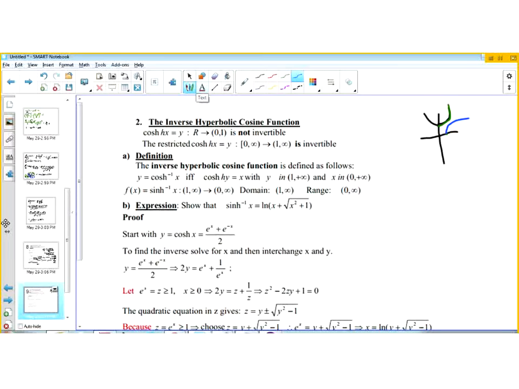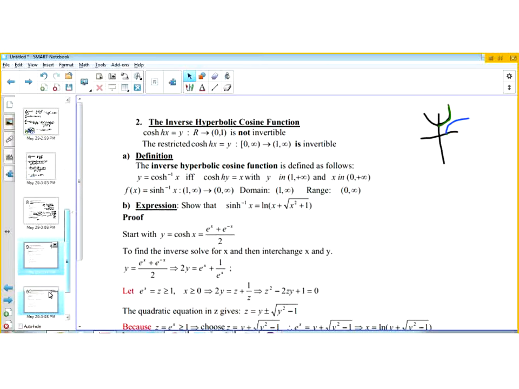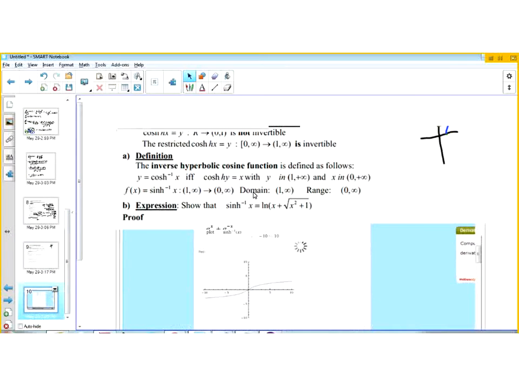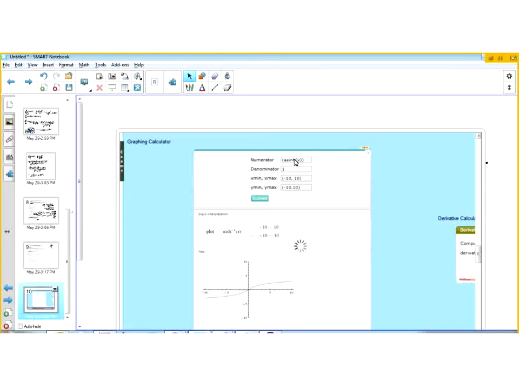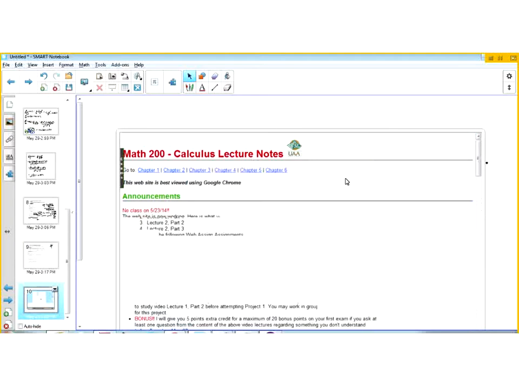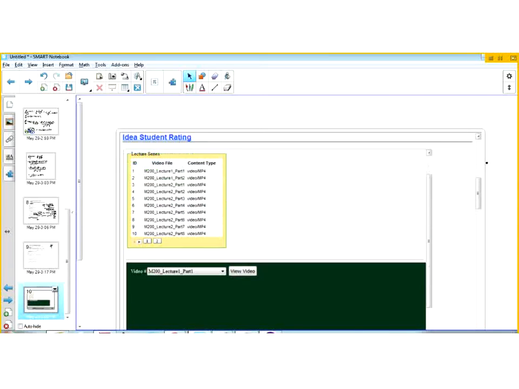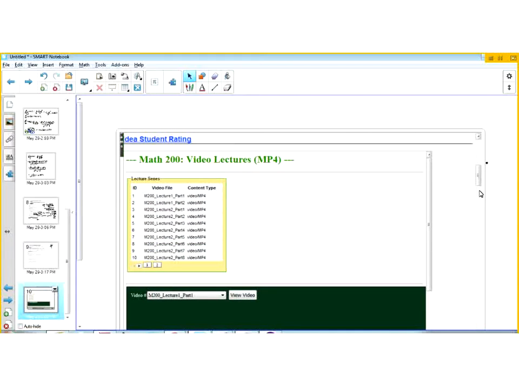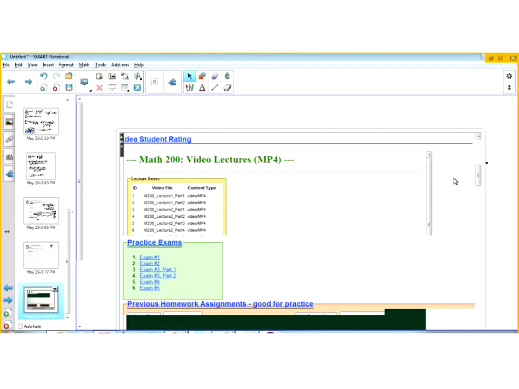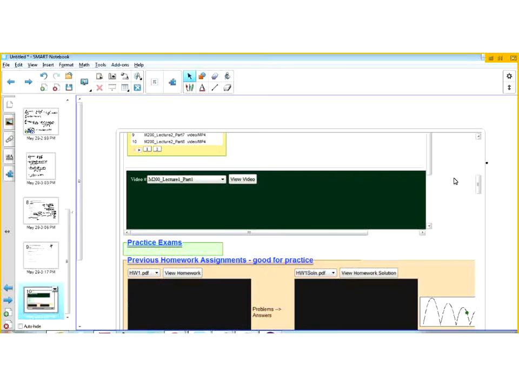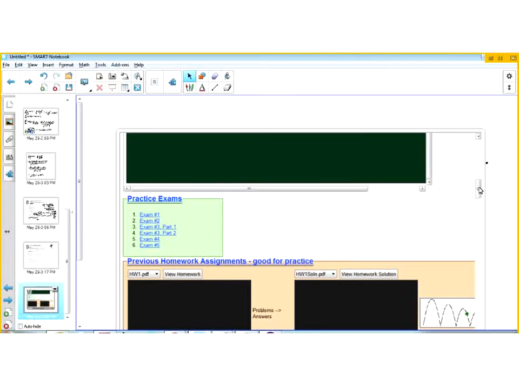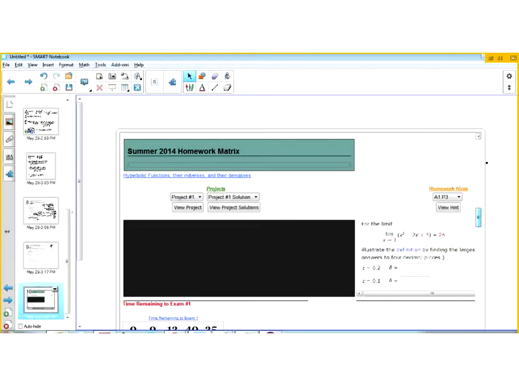So we go back to that Wolfram calculator. Let's do the graph of the inverse hyperbolic cosine function, and then we'll replace it with its representation using the natural log function.